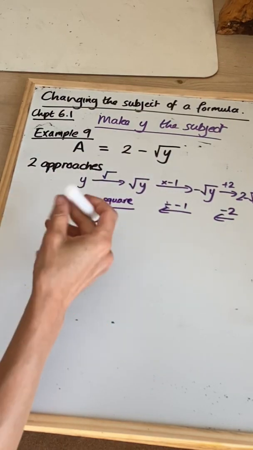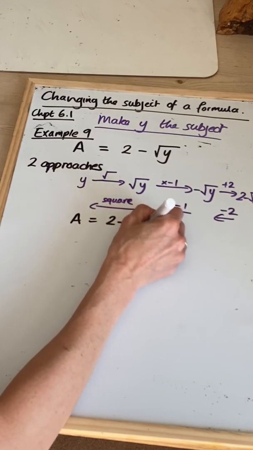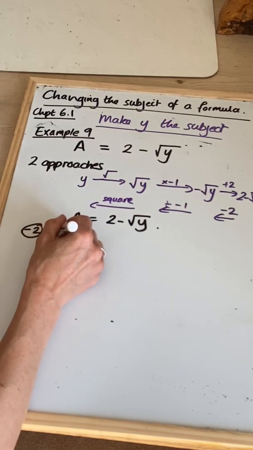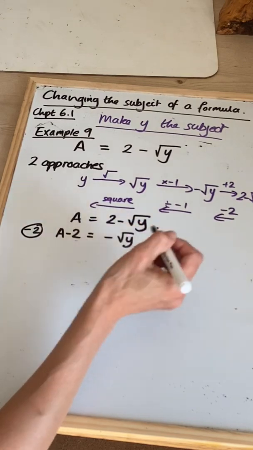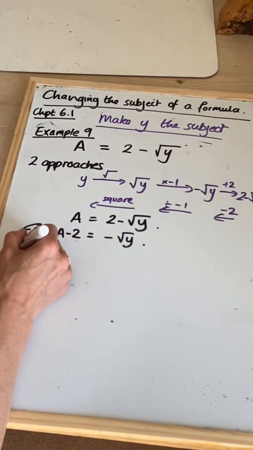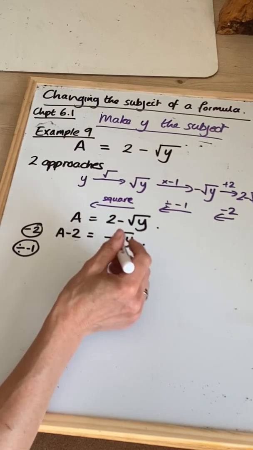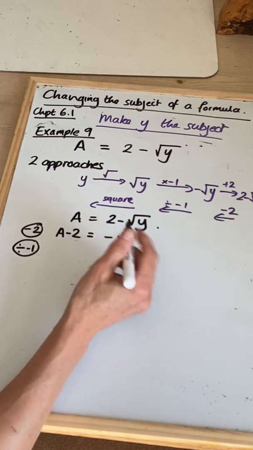So we'll just do that, and I will just show you how that's done. So we start with the original. So we're going to subtract 2. So we'll end up with a minus 2 on this side and minus root y on that side. Then we divide by -1. If we're dividing by -1, we're dividing by a negative, and so all of our signs are going to change.